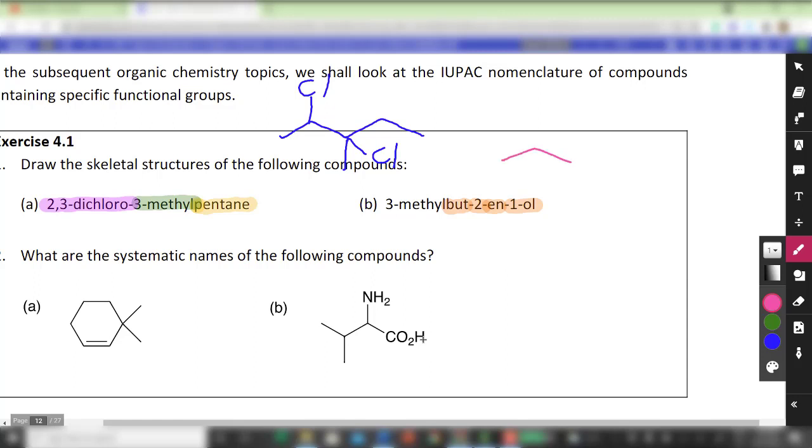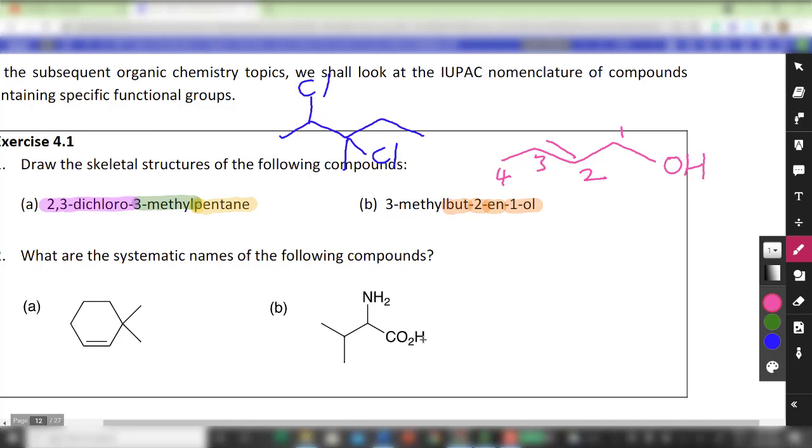We draw the alcohol here at the first position, so we number 1, 2, 3, 4. The double bond starts with carbon 2, so definitely not 2 to 1, it's 2 to 3. Remember, the lowest number comes first.